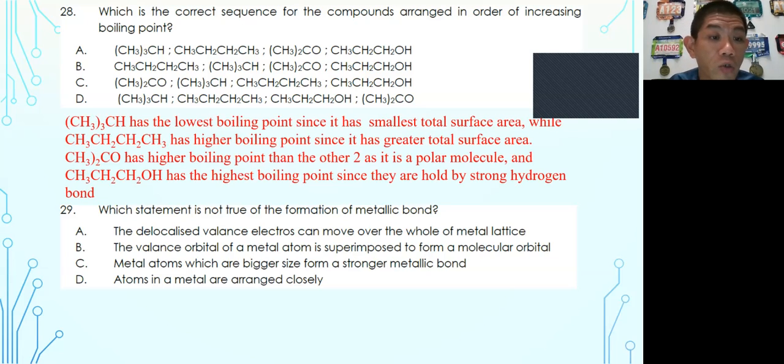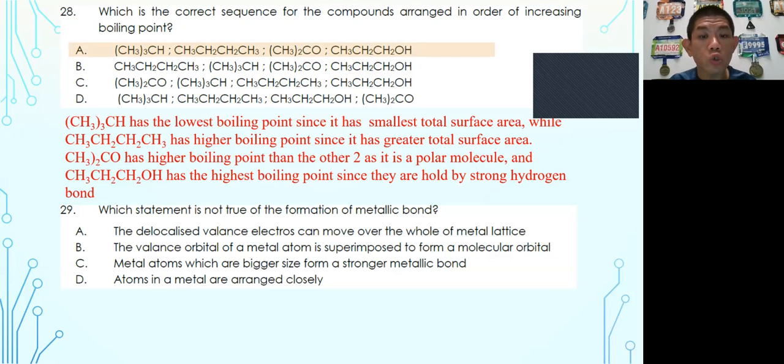While CH3CH2CH2CH3 has a higher boiling point since it has a straight chain. So a straight chain molecule has a greater total surface area. Whereas CH3COCH3 has a higher boiling point because it is a polar molecule, and CH3CH2CH2OH has the highest boiling point since they are held by strong hydrogen bonds. Okay, so the best answer in here is A.